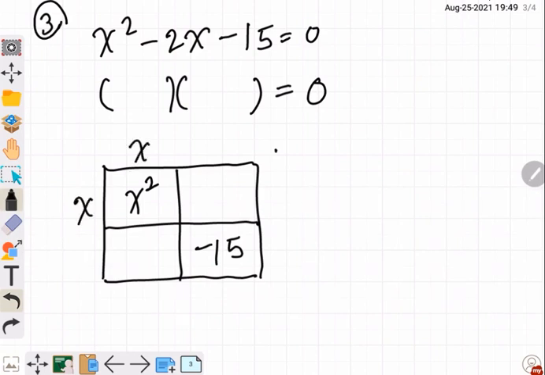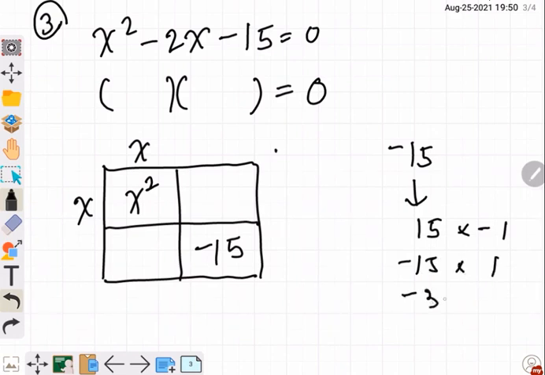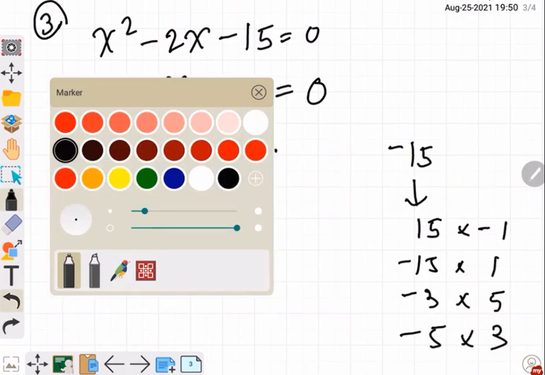Then we try to find the factors of negative 15 that will best fit as the partners for x and the other x. So we know that for 15, we can say 15 times negative 1, negative 15 times 1, negative 3 times 5, negative 5 times 3. Okay, so let's try to choose one.